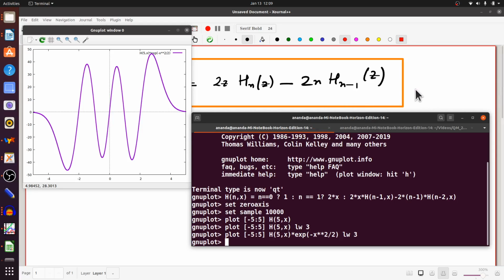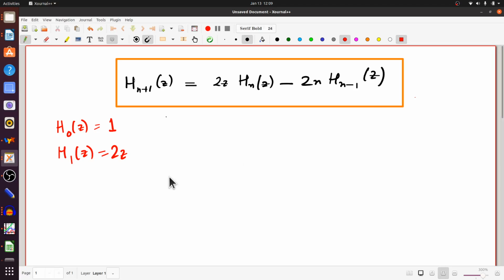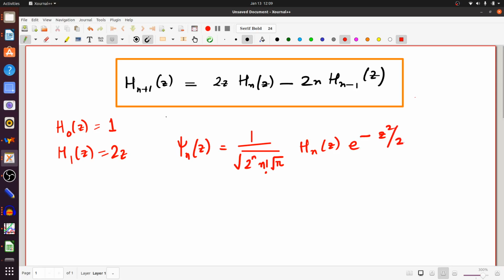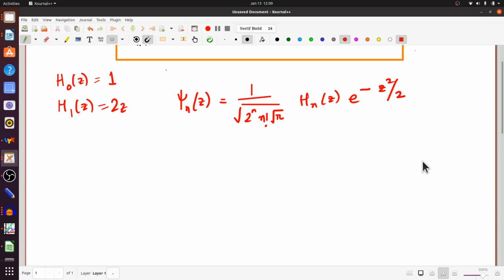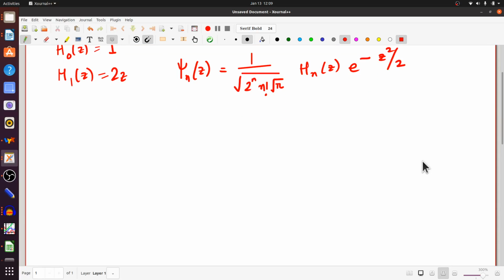So just to remind you, the normalized wave function is given by this expression, the nth normalized wave function, psi n z is 1 by root over 2 to the n n factorial root pi, then you have h n z, and then you have e to the minus z square by 2.